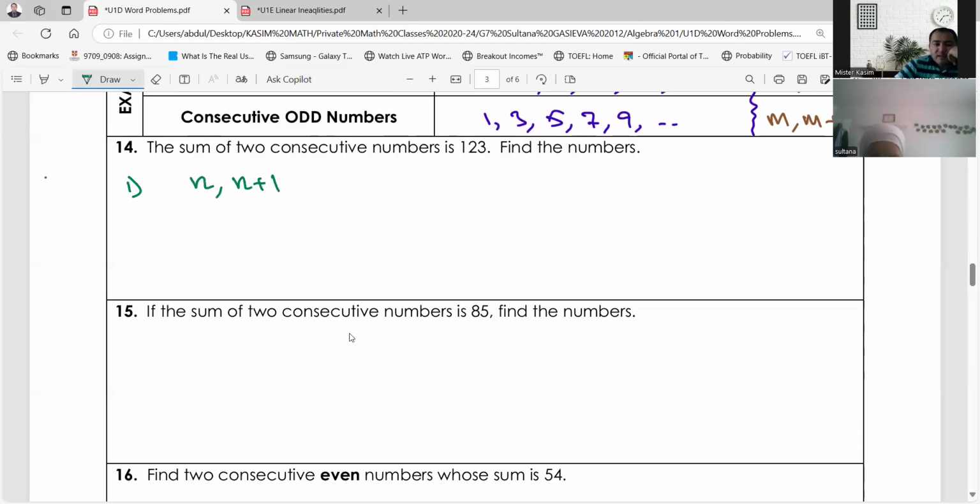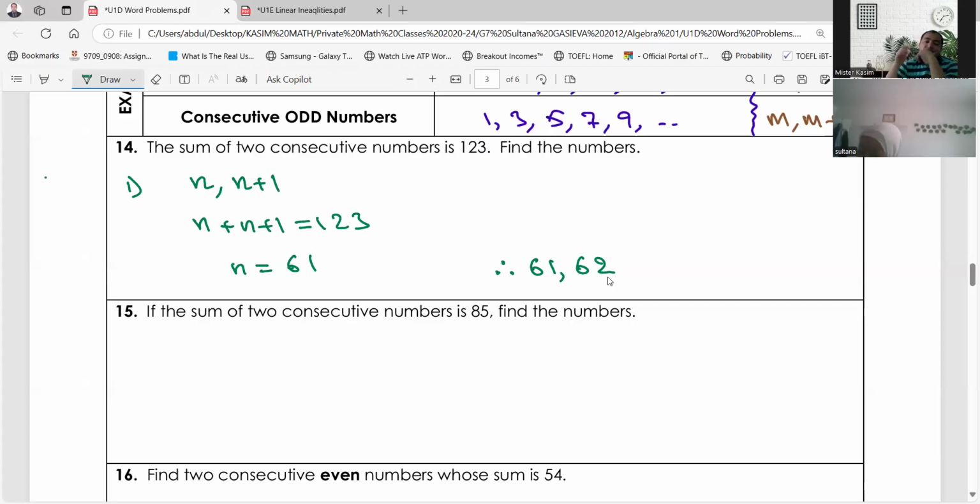And their sum means n plus n plus 1 is equal to 123. Now we know how to solve this kind of equation. Solve it for n. 122 divided by 2 is 61, right? So the first number is 61, and the second number is 62.